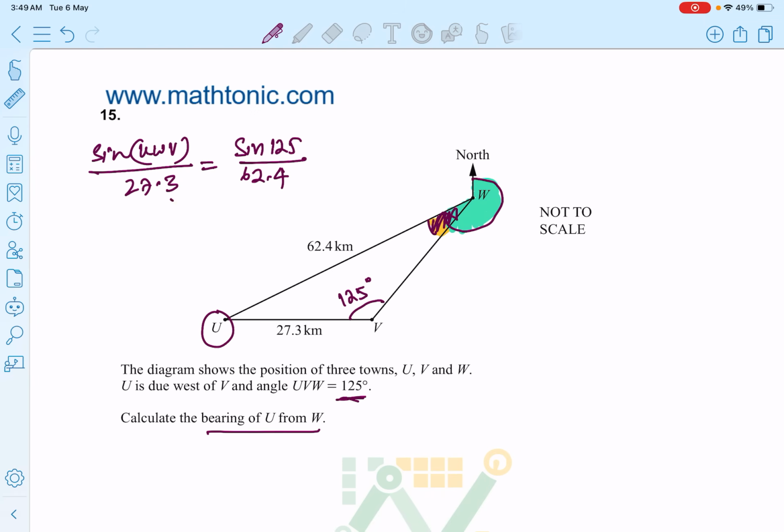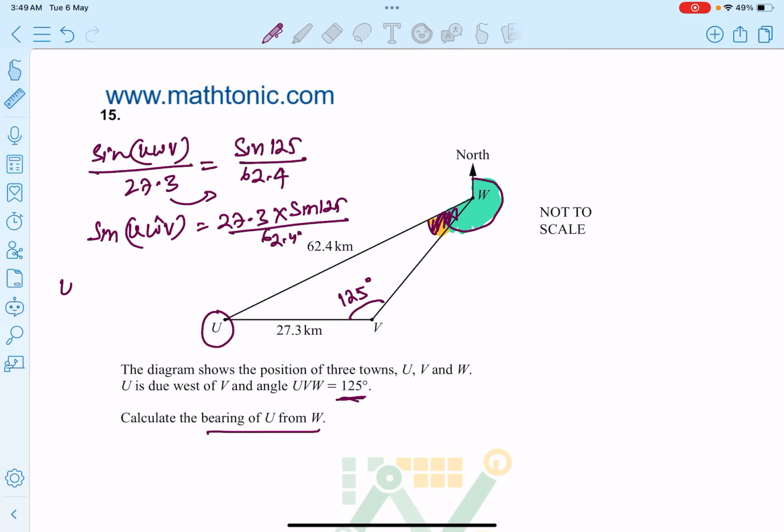If I rearrange it, sine UWV equals 27.3 times sine 125 over 62.4. Now UWV equals sine inverse of this value. When you put this in the calculator, you will get 21 degrees. This small angle is 21 degrees. Did you get it, everyone, clearly?